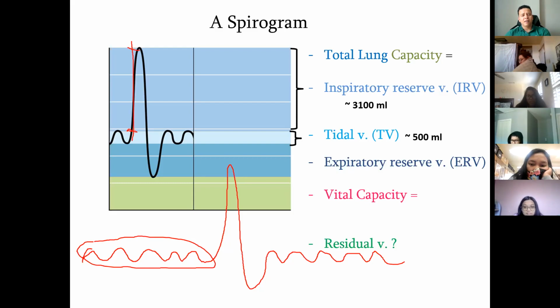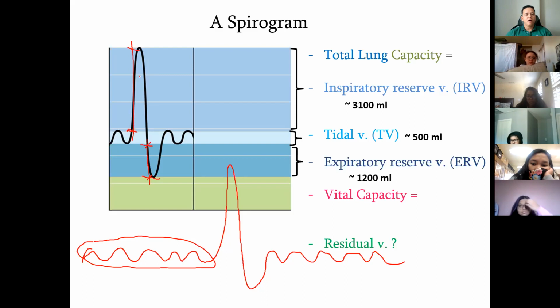Then when we exhale as hard as we can, we get another measurement right here. This is what we call the expiratory reserve volume, the ERV. And on average, the ERV is about 1,200 mLs of air, okay?